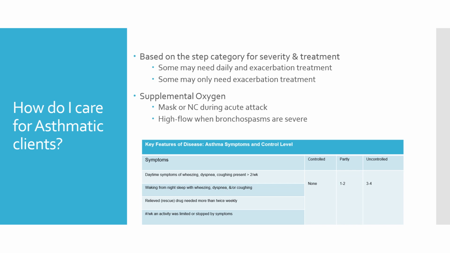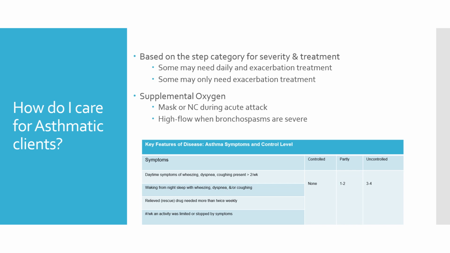But in the immediate treatment, if their oxygen level is low, we can immediately intervene on that. So we can provide a mask or nasal cannula during the acute attack, and then we may even progress to a high flow when bronchospasms are quite severe.